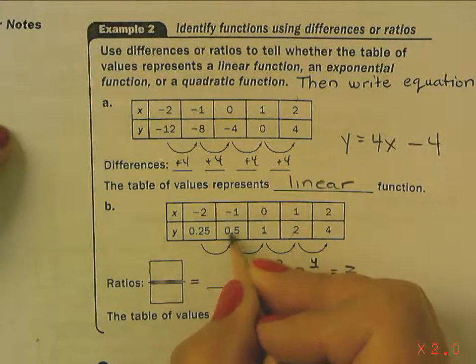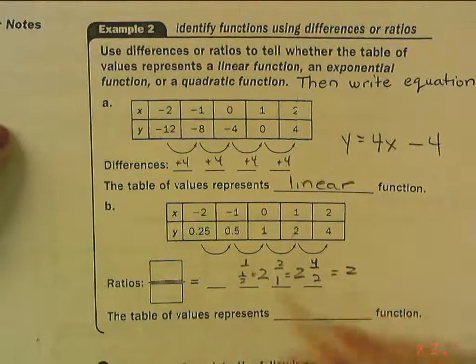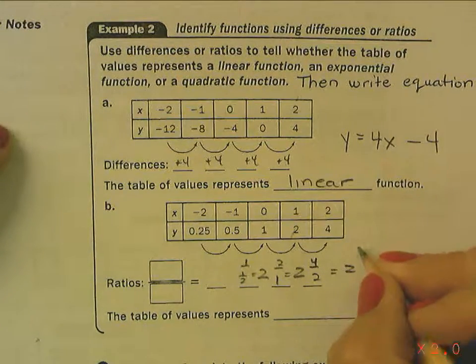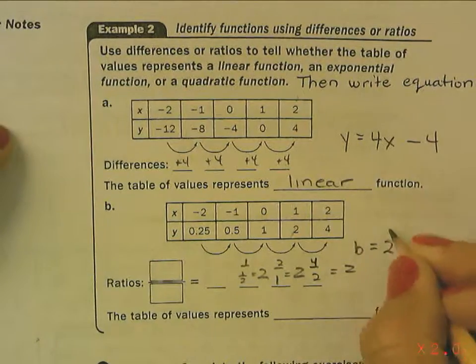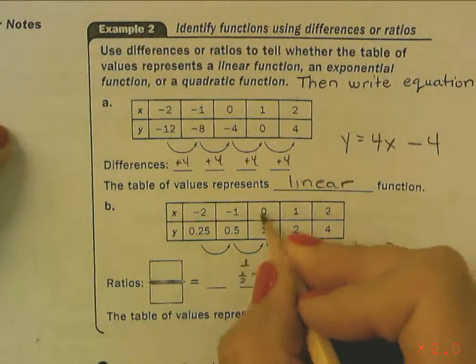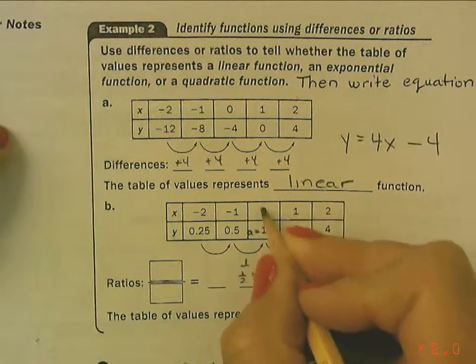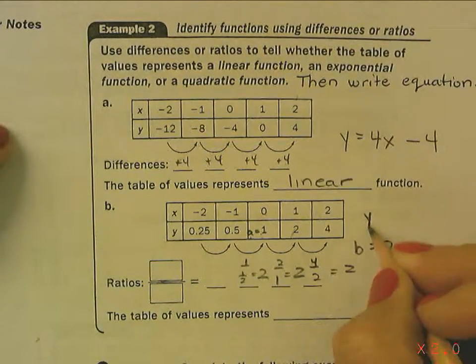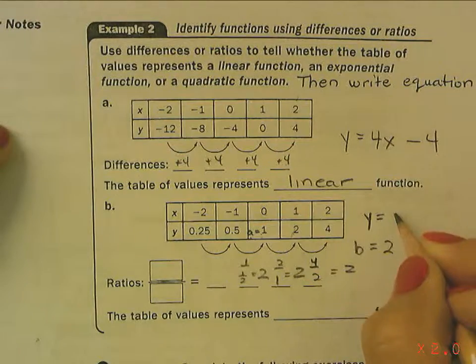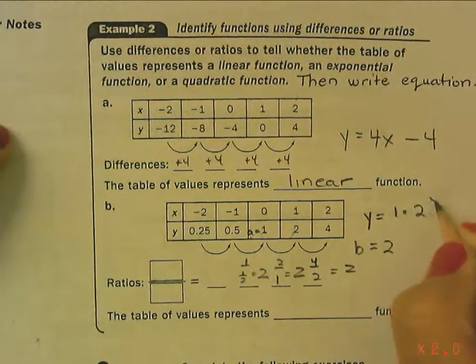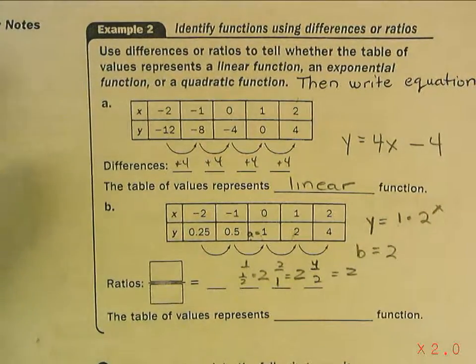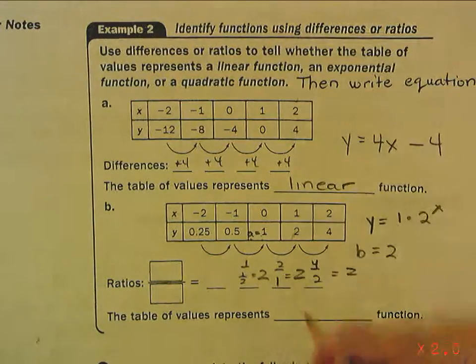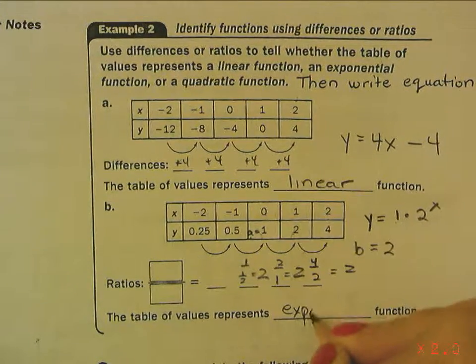And this is a half over a quarter, which is 2. So I know that b equals 2. Now I also know a equals 1 because a is the value of y when x is 0. So this equation is y equals 1 times 2 to the x, and I did not have to put the 1. So this is definitely an exponential function.